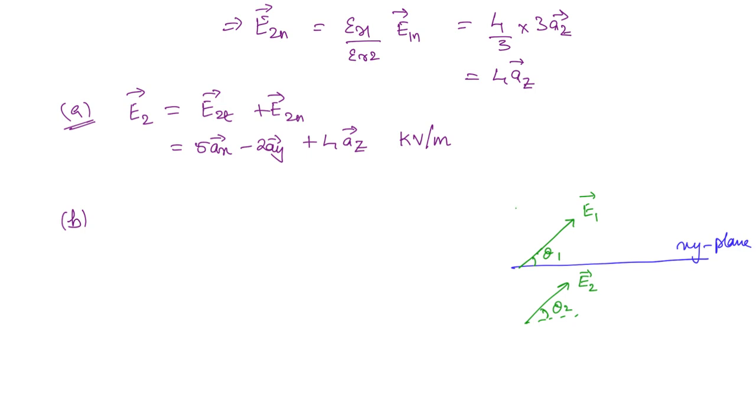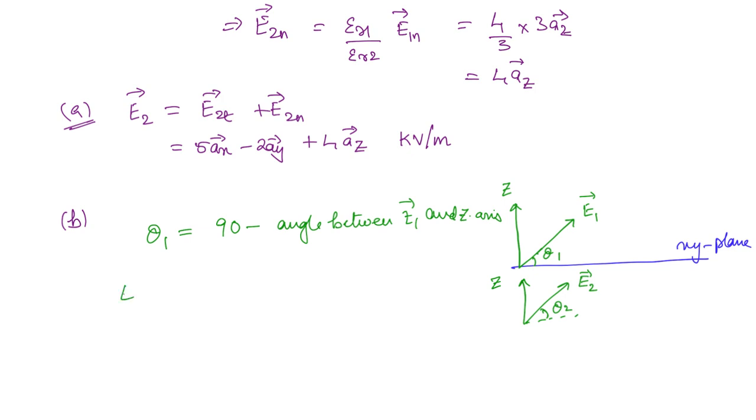Now if you take the Z axis, the vertical line, theta 1 is 90 minus the angle between E1 bar and the Z axis, and we can easily find the angle made with the Z axis.